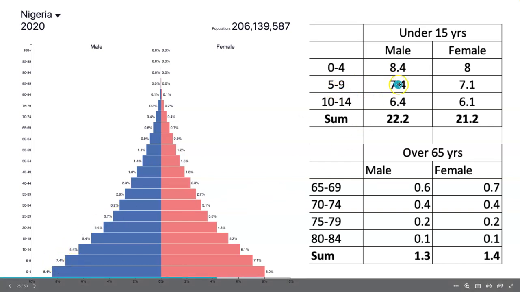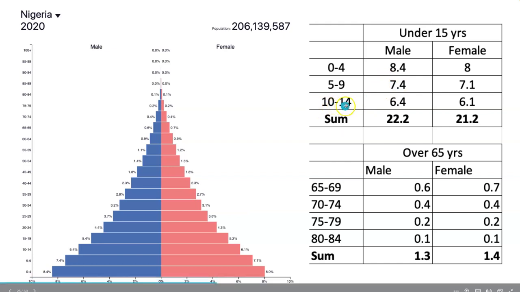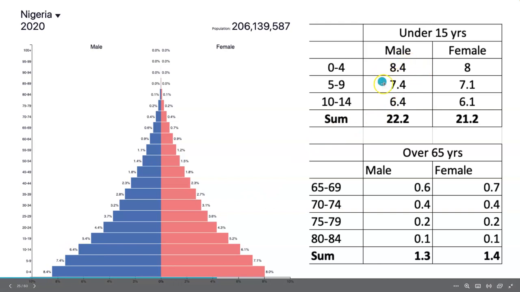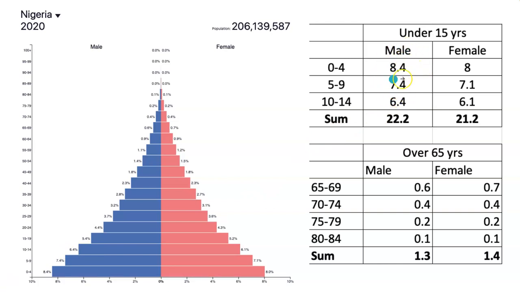Plug in the number here. 10 through 14 is 6.4%. So if you add up those three groups, 0 through 4, 5 through 9, and 10 through 14, that is 22.2.